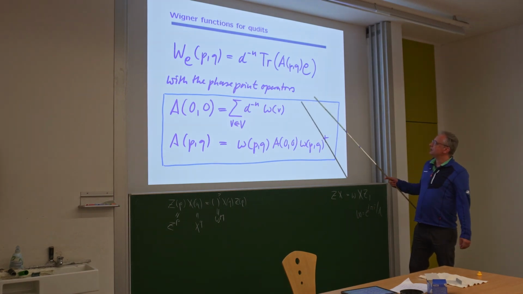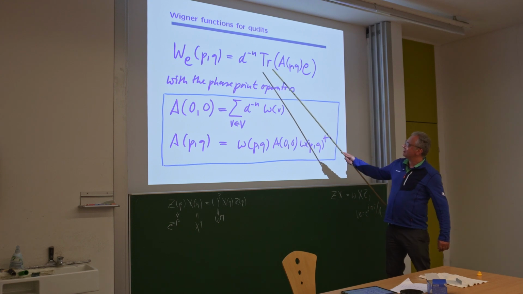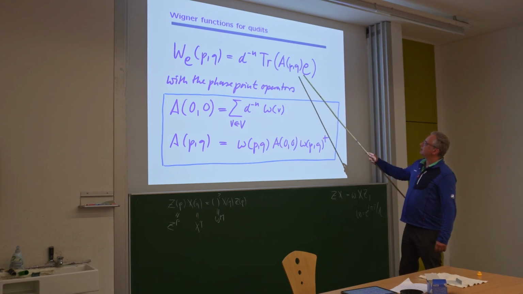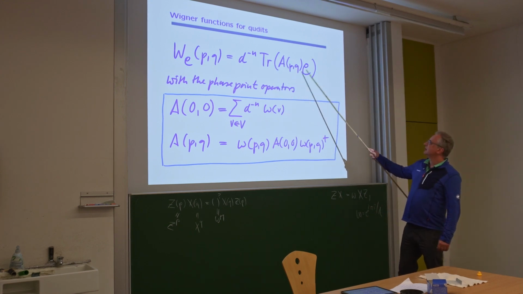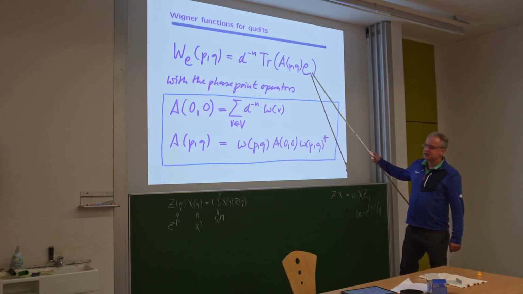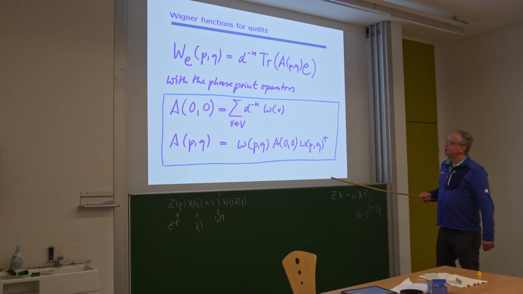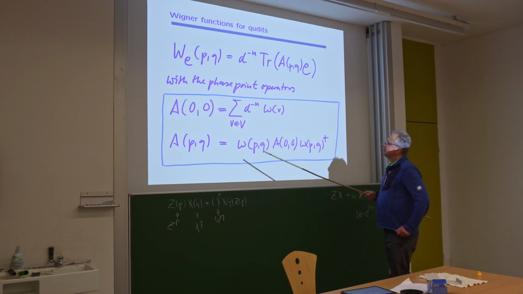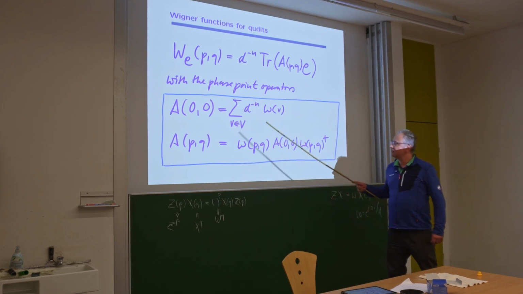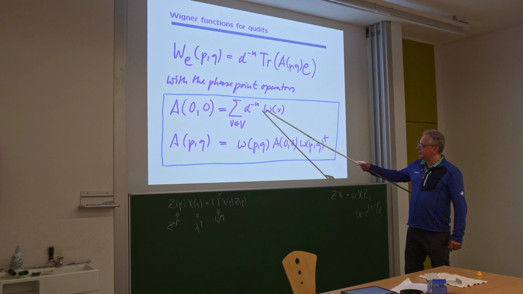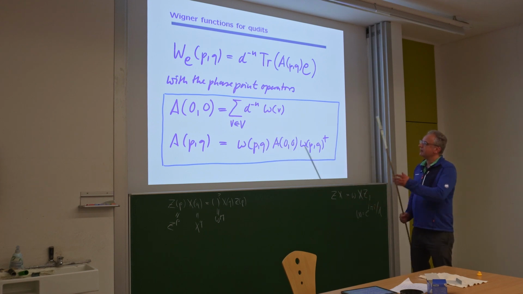Remember, we had the same structure there: normalization factor, trace of phase point operator times density matrix. So all we need to do now is to define the phase point operators. And this is what's coming in here.